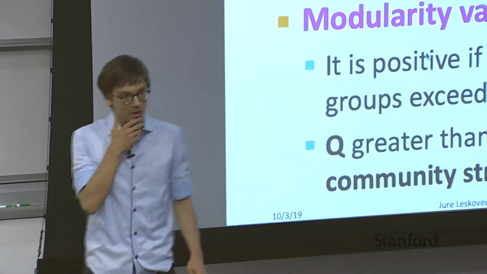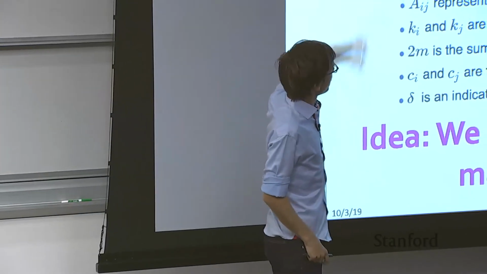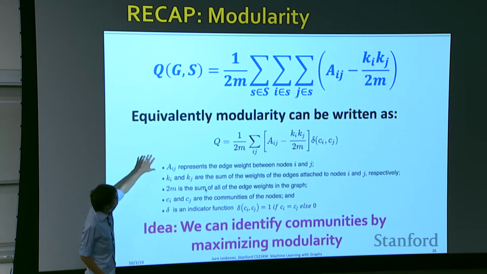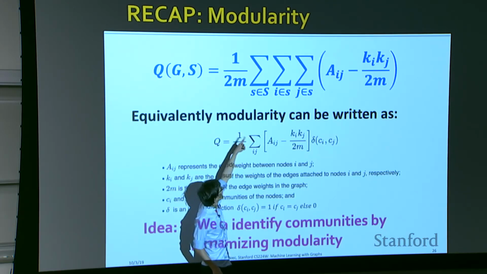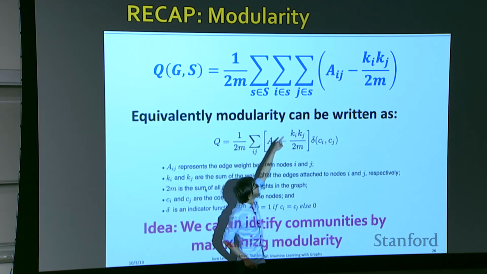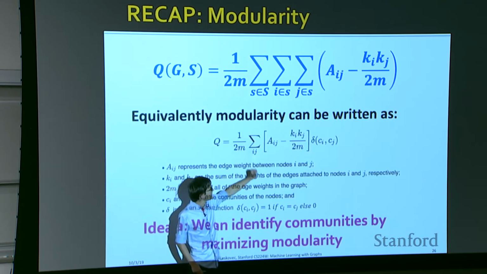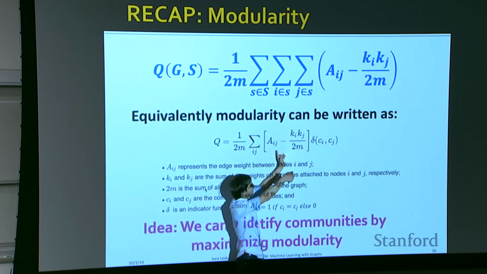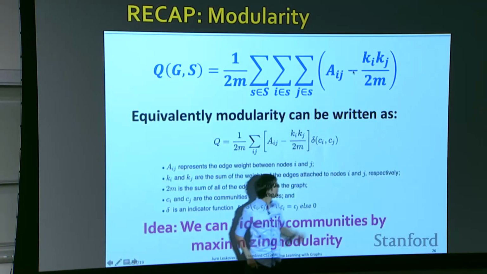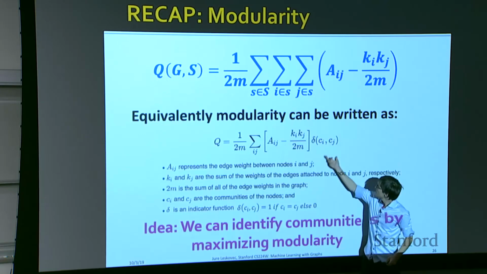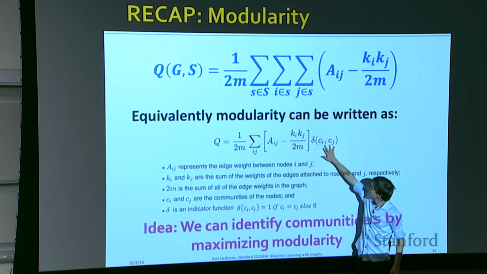So now we know how this thing is defined. And here I'm just showing the same formula again. Another way people sometimes like to do it is rather than having a summation over all the groups and then over all the pairs of nodes in the group, they sum over the entire adjacency matrix, where we take the same term as I have up there, but with an indicator function that returns 1 if nodes i and j belong to the same group, and returns 0 if they don't.